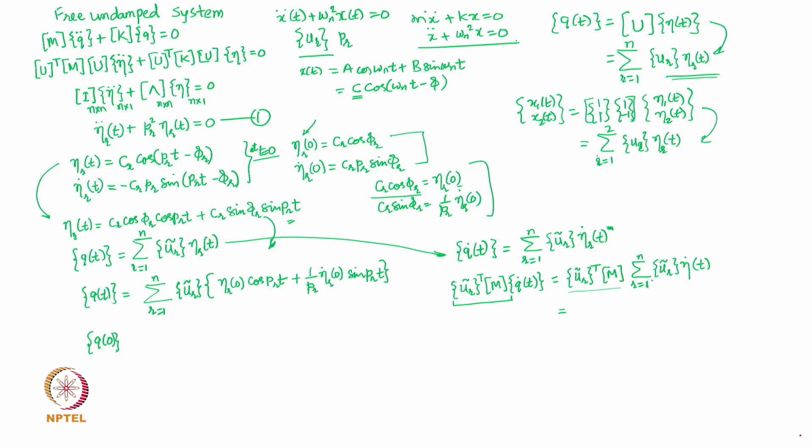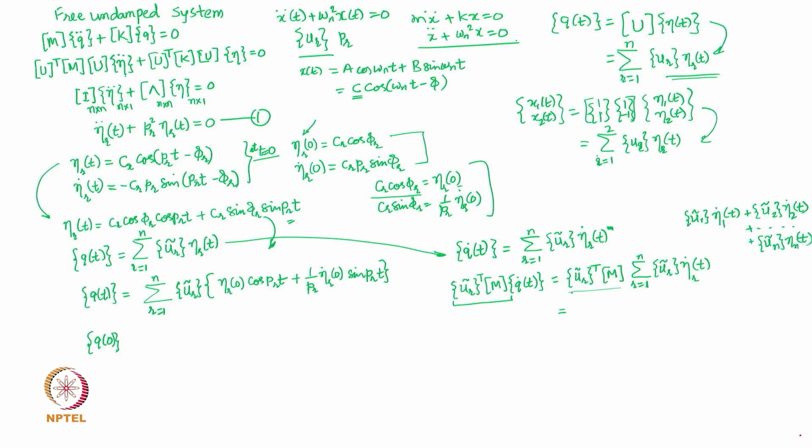So this will be like u1 eta 1 dot t plus u2 eta 2 dot t and so on, all the terms up to un eta n dot t. You agree with that?